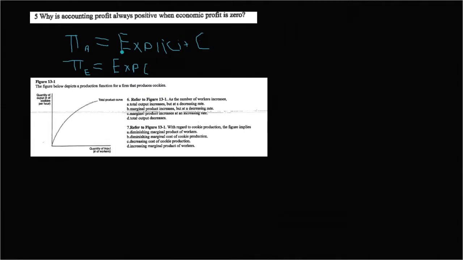I'll just say negative explicit costs plus total revenue. There we go. It's total revenue minus explicit costs, minus implicit costs.